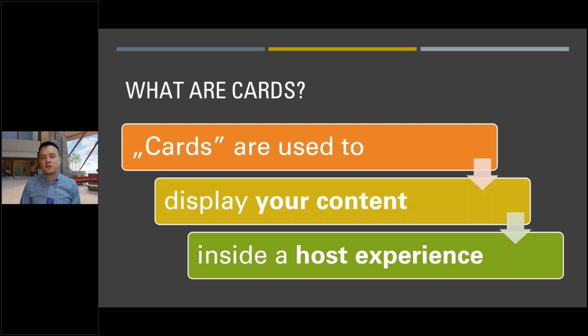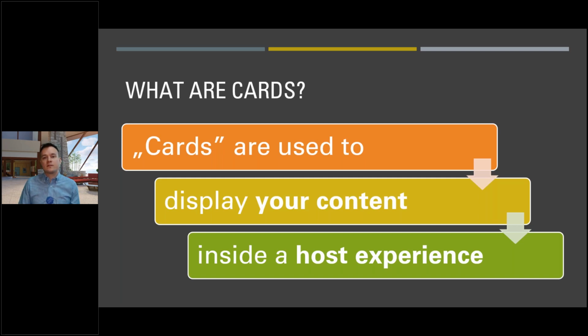By the host experience, what I mean is that, for example, when you use Microsoft Teams in dark mode, or Messenger in dark mode, this card is going to adopt those parts of the user experience. So for example, it will display its background in a dark color, or if your host has blue buttons or green buttons, then the buttons in the card will also follow these colors, and the font family is going to be inherited from the host.